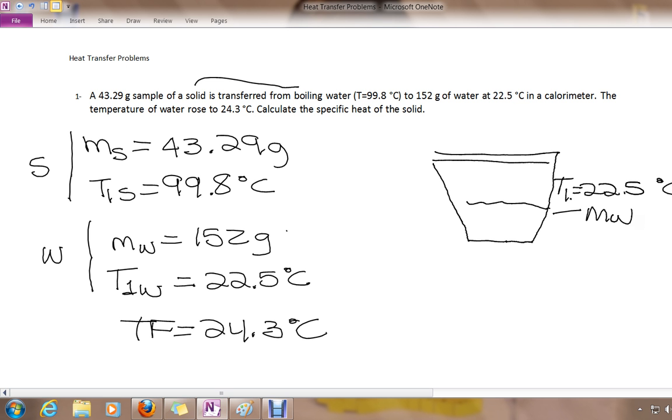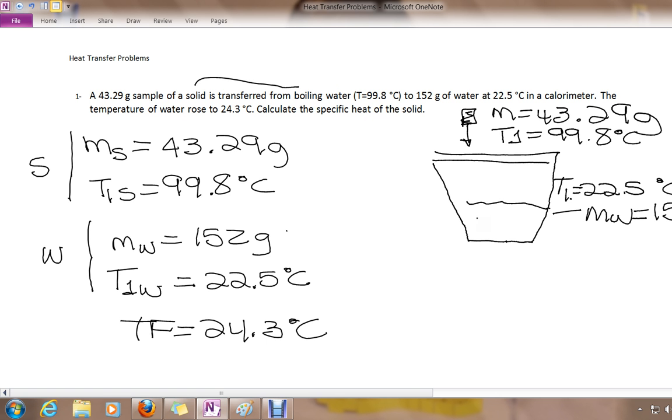And the mass of this water is going to be 152 grams. Now, if you add a hot solid here, this solid has a mass of 43.29 grams. And it has an initial temperature, because you're getting it out of boiling water, of 99.8 degrees Celsius.